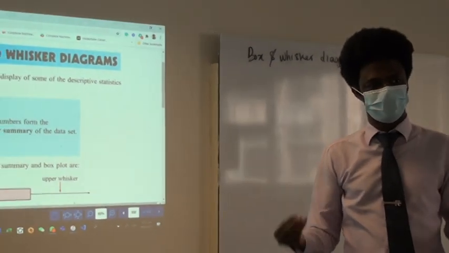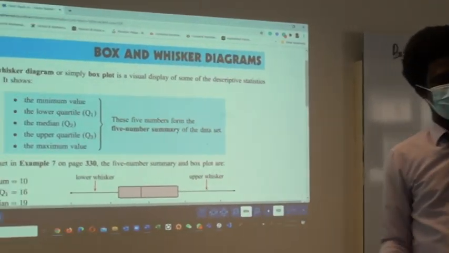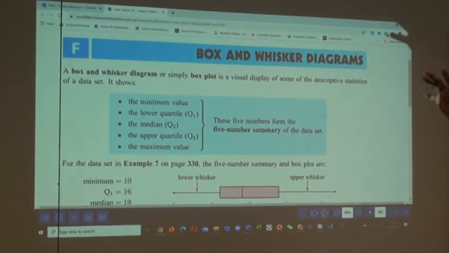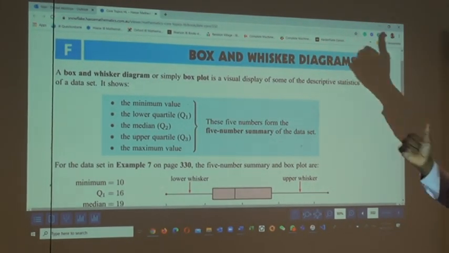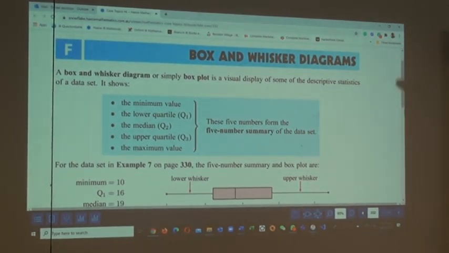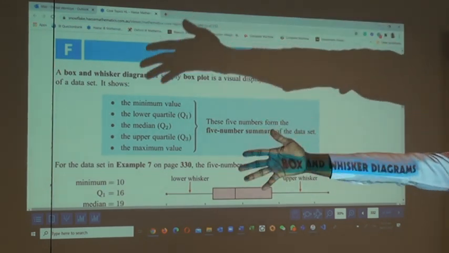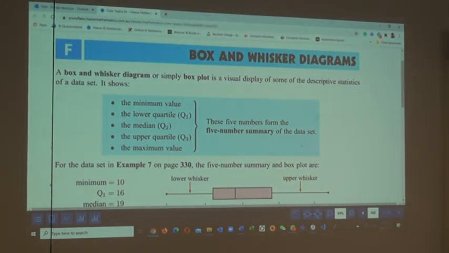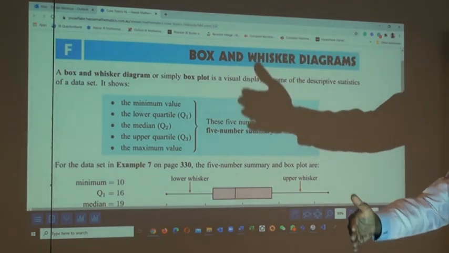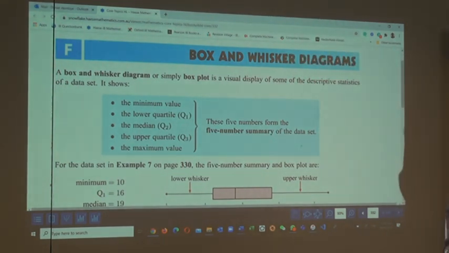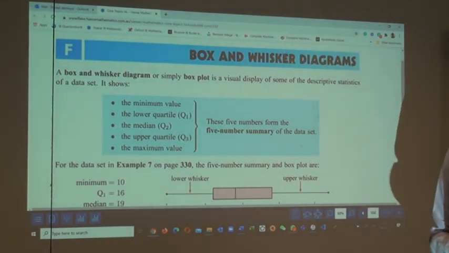When such is requested, what we mean is the 5 numbers that can be easily deduced from here: the minimum, the maximum, not in that order anyway. The minimum is here, the maximum is on the other side, and the median and the upper and lower quartiles. So basically Q1 to Q3, as well as the minimum and maximum, because we all know the median is the middle quartile, the second quartile. So this is the 5-number summary that you will see.